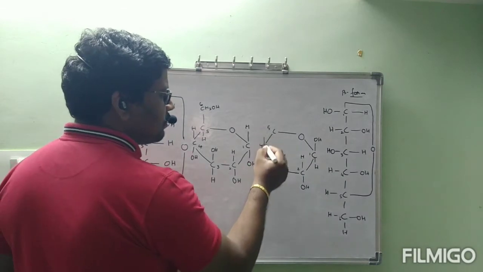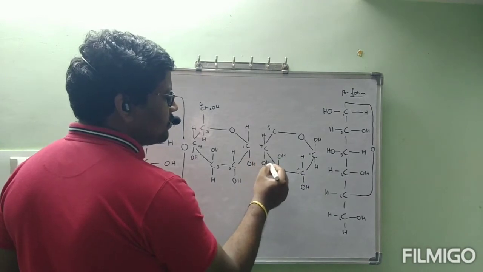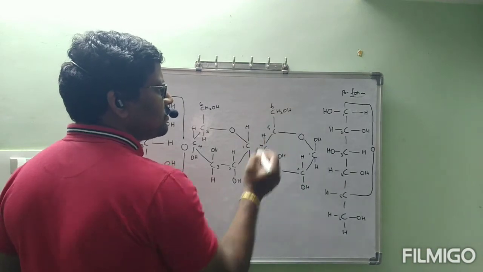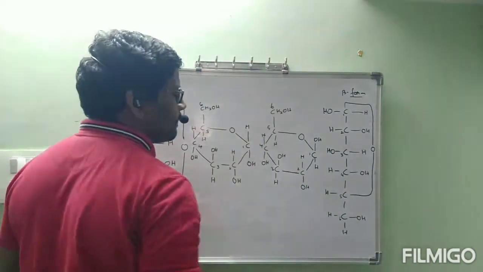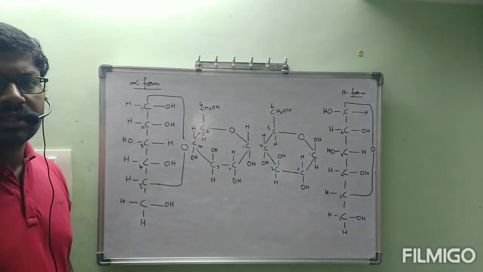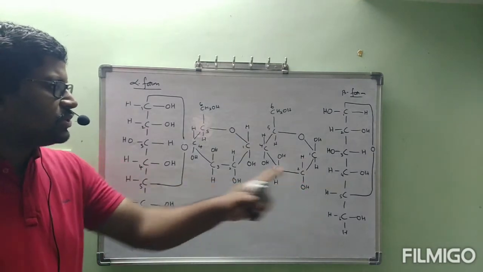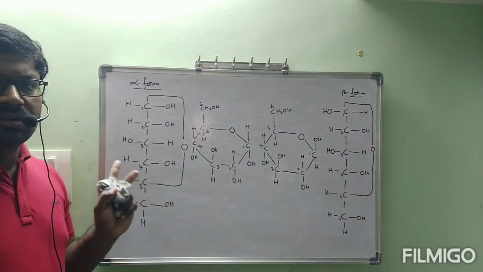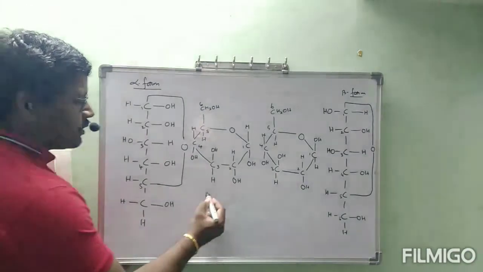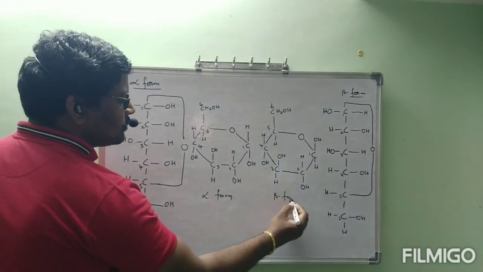Fourth carbon: H is above, OH is below. And finally the fifth carbon again has CH2OH. This is the sixth carbon. Okay, H is below. Please observe carefully. These are the two Haworth structures. These two are Fischer projections. When we write those Fischer projections as Haworth structures, they become like this. This is the alpha form of glucose. This is the beta form of glucose.